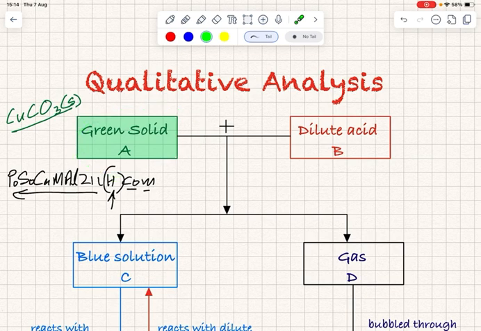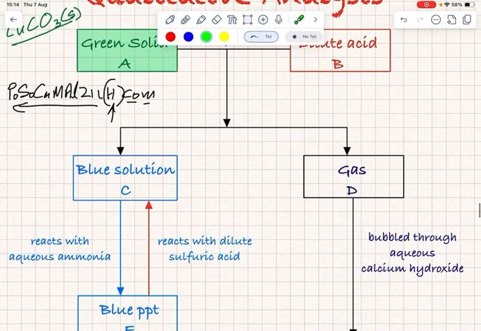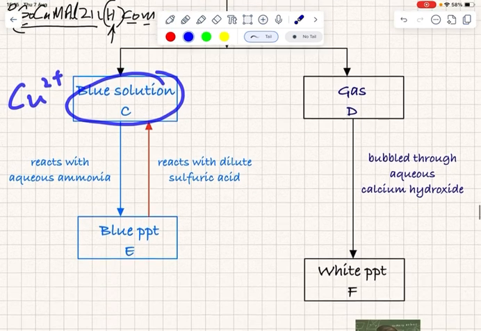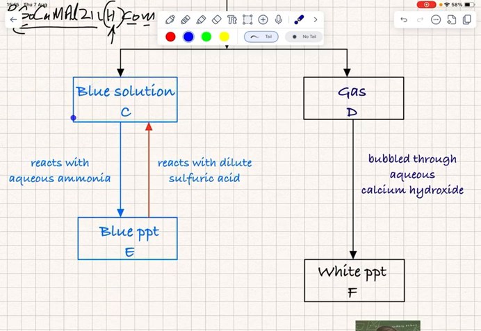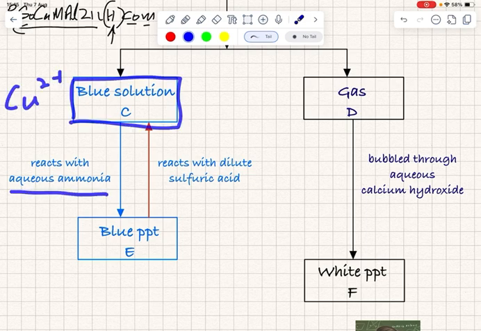We check it out. Upon reacting with dilute acid, it produces a blue solution C, which again reacts with aqueous ammonia. So most likely this blue solution C must contain copper, especially because when it reacts with aqueous ammonia, you get a blue precipitate.